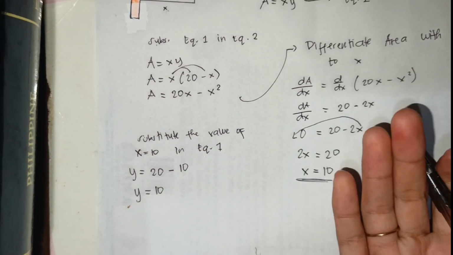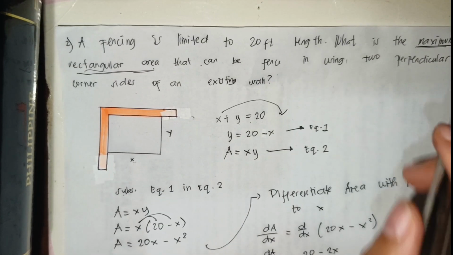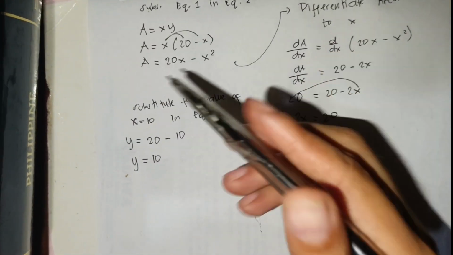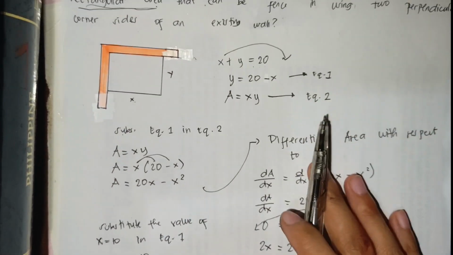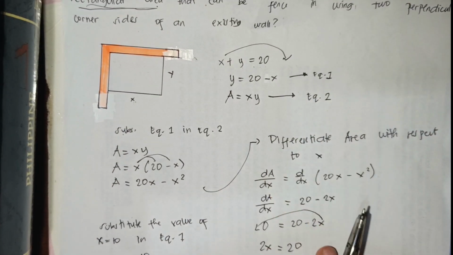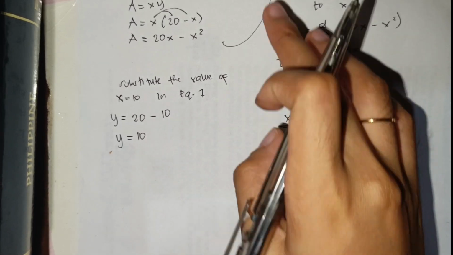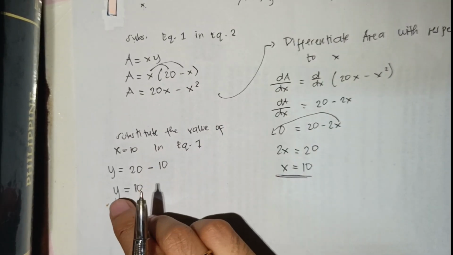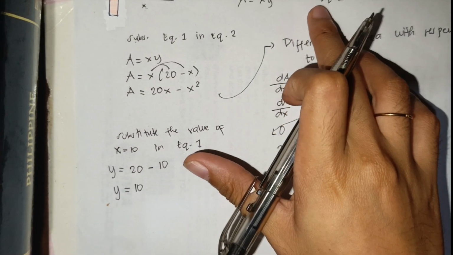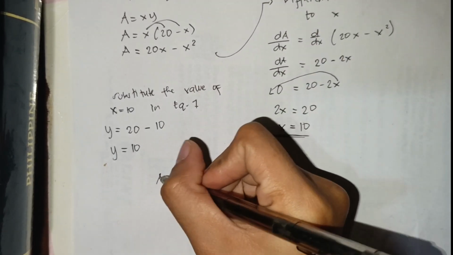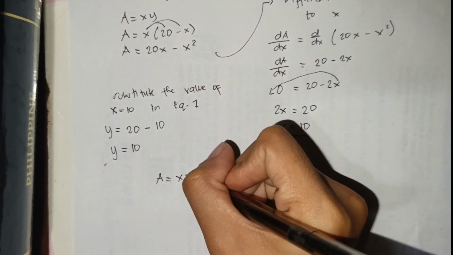Now, to solve for the maximum rectangular area, let's go back to equation 2. We substitute the values of x and y into equation 2 to get the value of the area. So, A is equal to x times y.